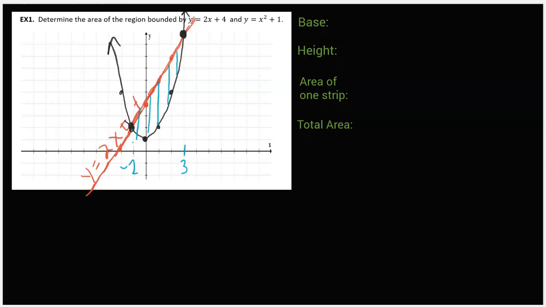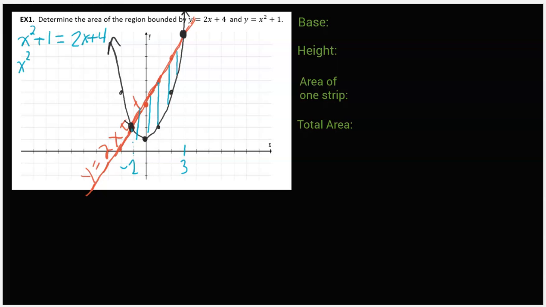Now, if you want to know for sure when the picture isn't real nice, how do you find the intersection between two curves? Set the y's equal to each other. So x squared plus 1 is equal to 2x plus 4.